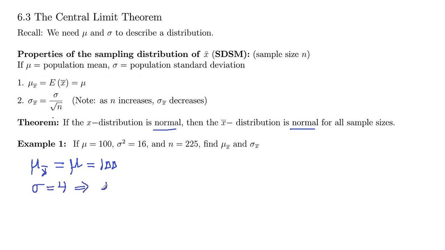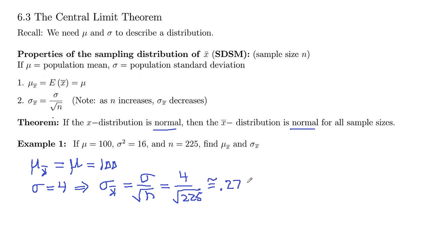So then our sigma x bar, the standard deviation of the sampling distribution, is going to be sigma over square root of n, which is 4 over root 225. And if you compute that, you get approximately 0.27 to 2 decimal places.